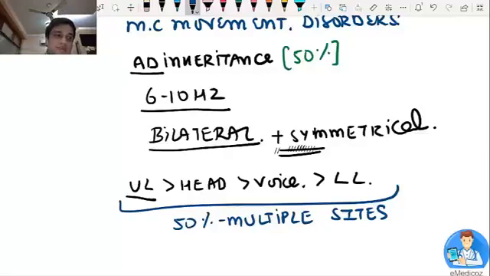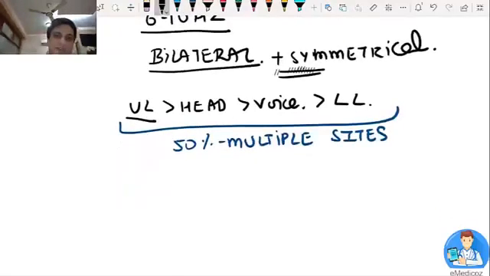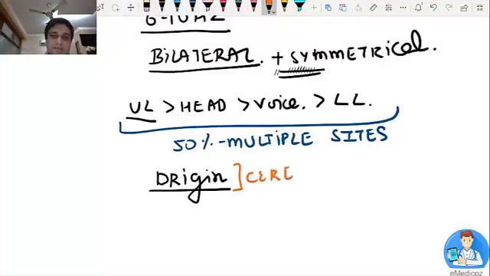Okay, now what is the difference between fine tremor and essential tremor? Simple concept. Remember this. These essential tremors have an origin in the brain, an area in the brain where they originate from. The area of the brain that they originate from is the cerebellum. So there is a lesion in the cerebellum for these patients, which creates these tremors, essential tremor.